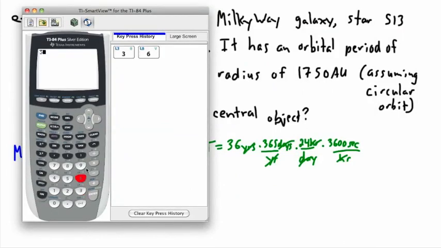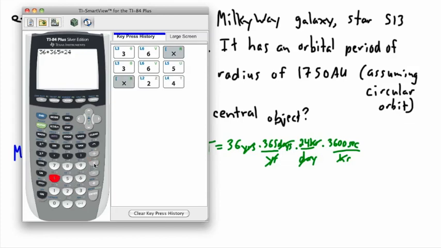So 36 times 365 times 24 times 3,600. This tells me what 36 years is in seconds. This is 1.1 times 10 to the 1, 2, 3, 4, 5, 6, 7, 8, 9.